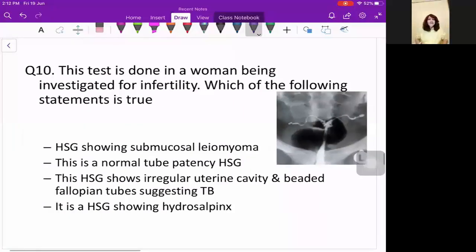Now, this test is done in a woman being investigated for infertility. Which of the following statements is true? This is an HSG image. Does it show submucosal leiomyoma, or normal tube patency, or irregular uterine cavity and beaded appearance of the fallopian tube, or hydrosalpinx?